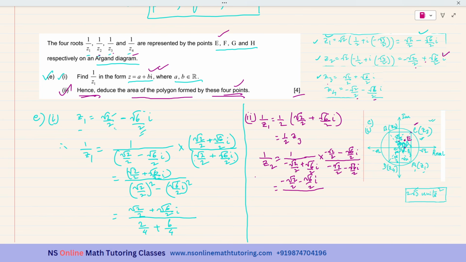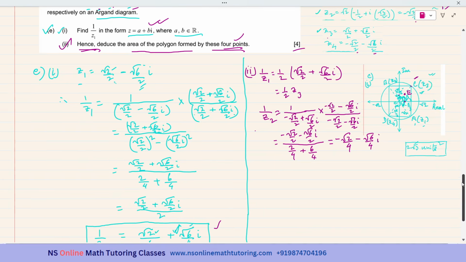So minus root 2 over 2 whole square is, root 2 square is 2 and 2 square is 4, and this is plus root 6 square is 6, 2 square is 4. So again 2 plus 6 is 8, 8 over 4. The denominator will be 8 over 4, that is 2. So this is equal to negative root 2 over 4 minus root 6 over 4 I.